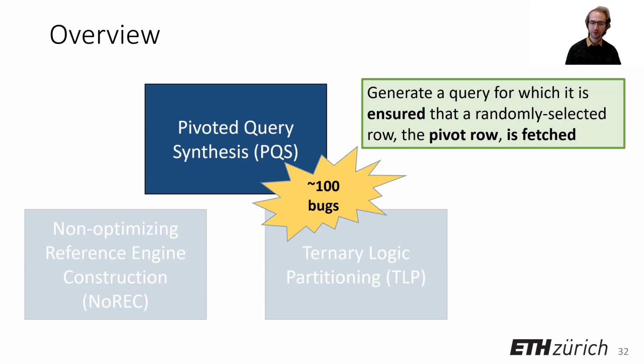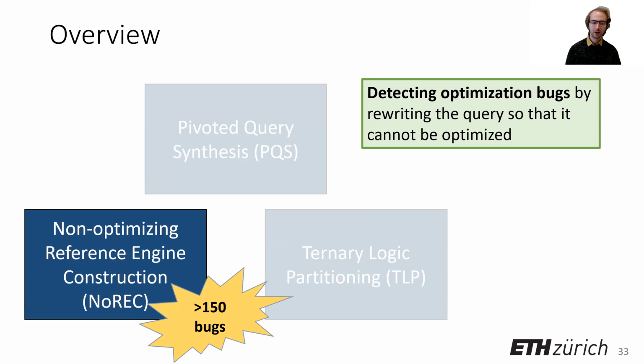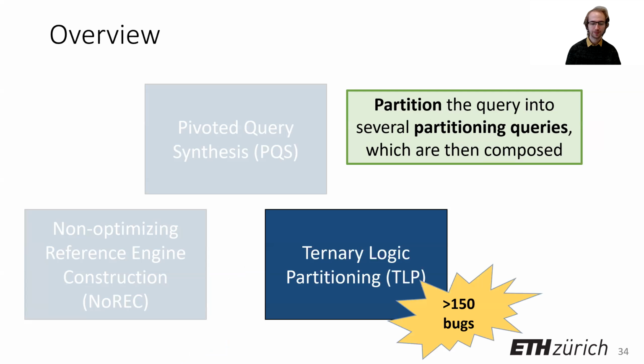PQS has allowed us to find and report about 100 bugs, and the idea was to generate a query for which it is guaranteed that a randomly selected row, which we refer to as the pivot row, is indeed fetched. NoREC allowed us to find and report over 150 bugs, and the idea was to detect optimization bugs specifically by rewriting the query so that it cannot be optimized by the DBMS.